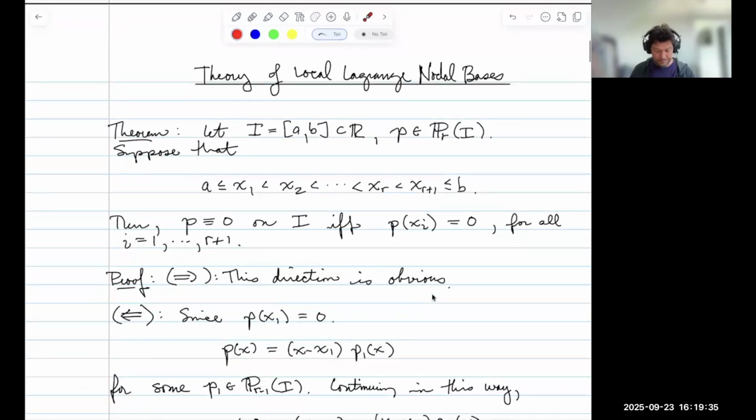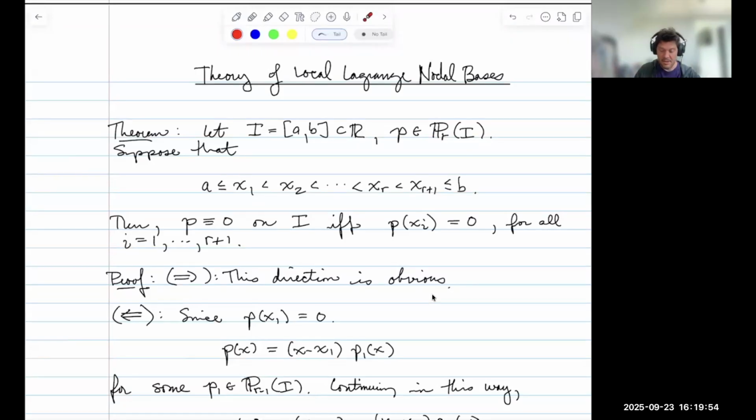Okay, so to discuss the theory we need a little lemma that works in 1D, and we're going to use this over and over again in 2D. And then once we know the information about 2D, then we could use that information in 3D and so on.